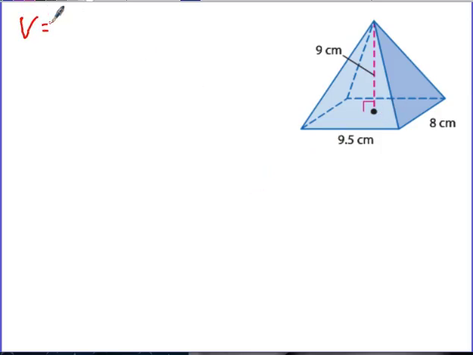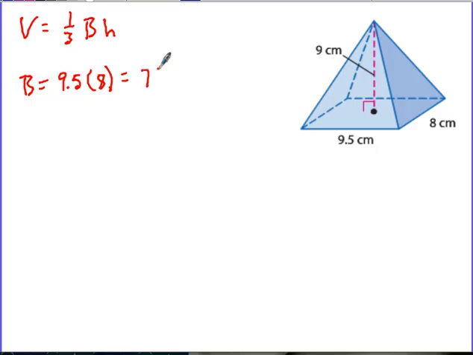So the volume is 1/3 the area of the base times the height. Find the area of the base: 9.5 times 8. Is that 76?